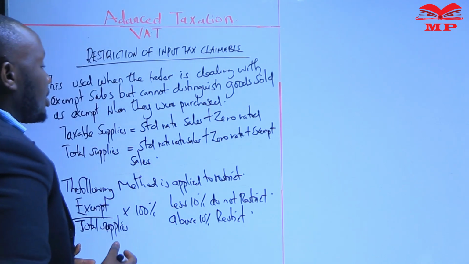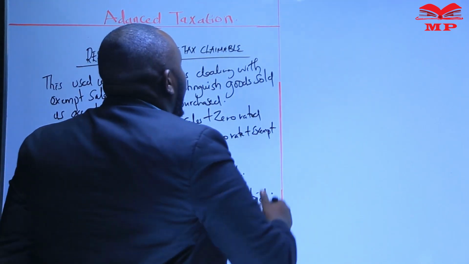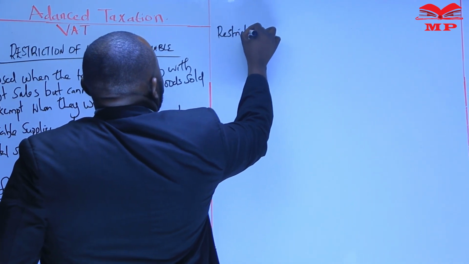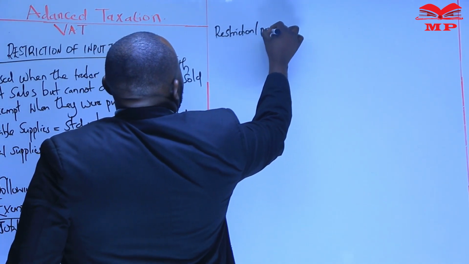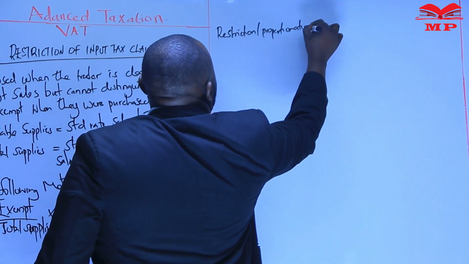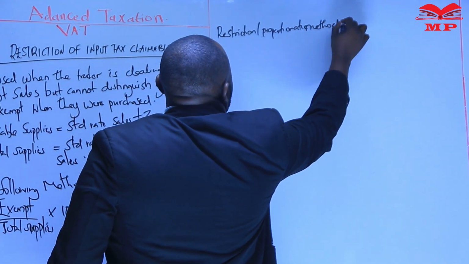So how do we restrict? Restriction is done using what we call the proportionate method.